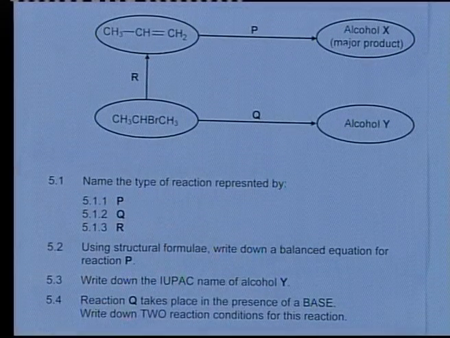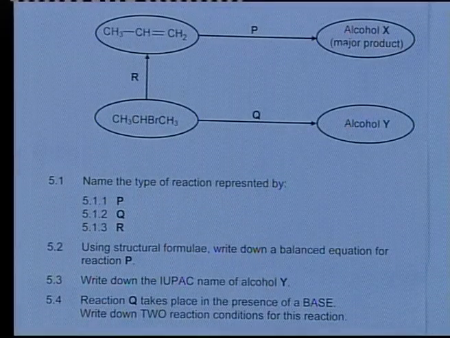Now, the types of reactions that we come across if we work with the haloalkanes and with the alkenes and with the alcohols, there are 3 types of reactions that give us a lot of problems, and that is the addition reactions, substitution reactions, and elimination reactions.